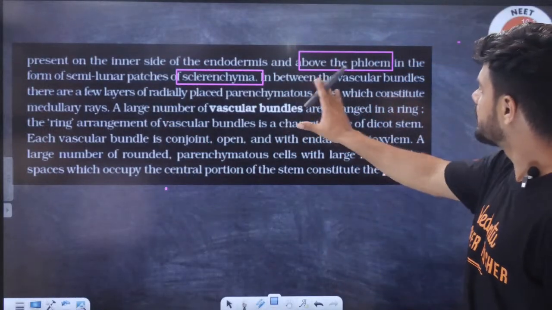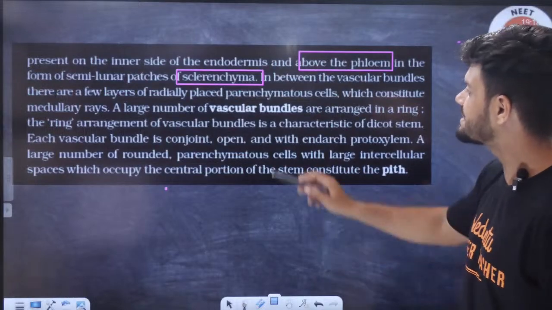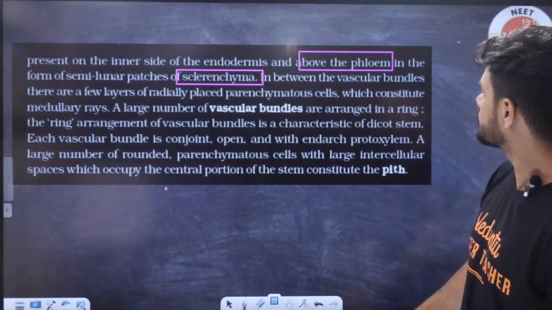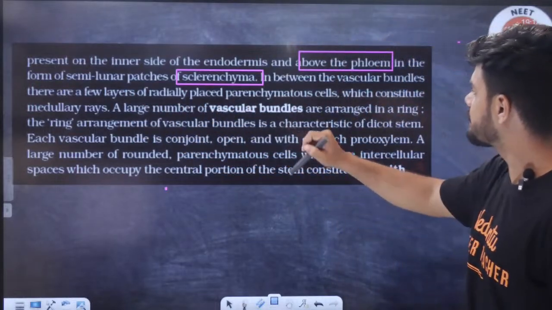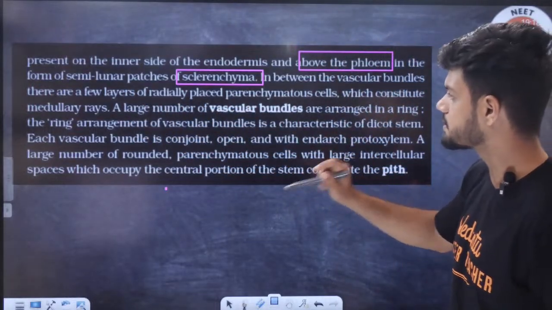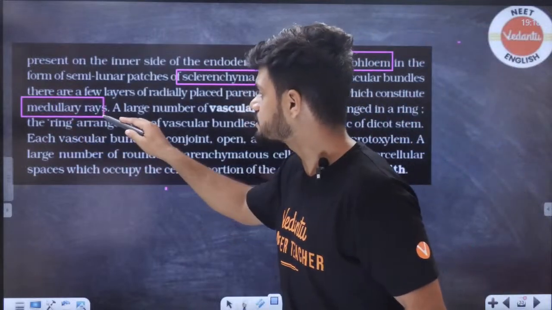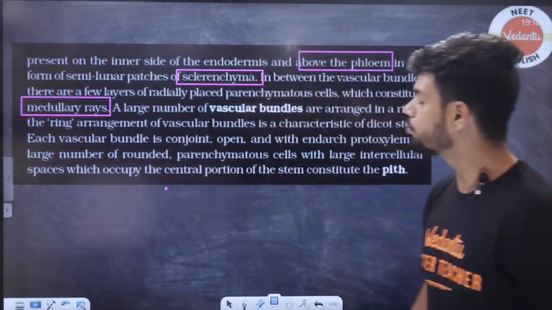In between the vascular bundles, there are few layers of radially placed parenchyma cells which constitute the medullary rays.